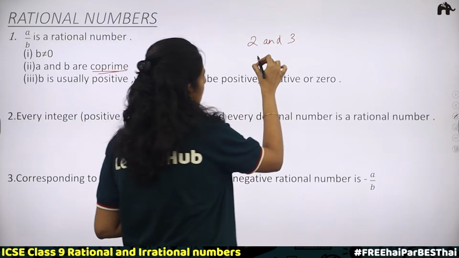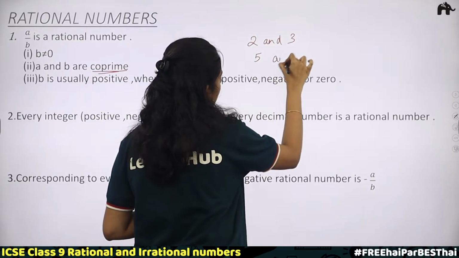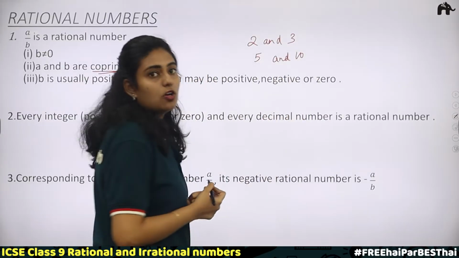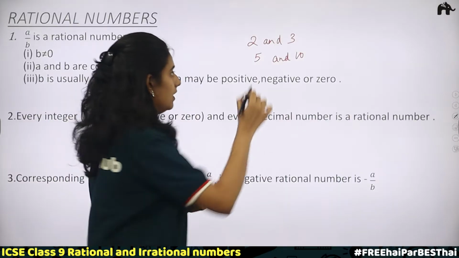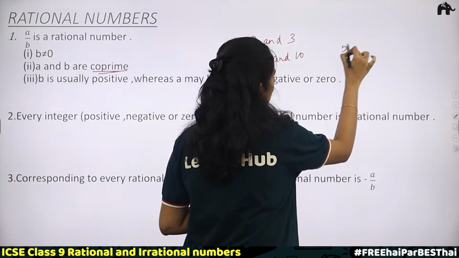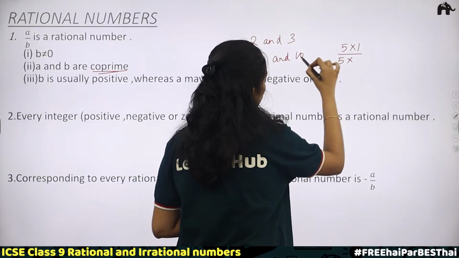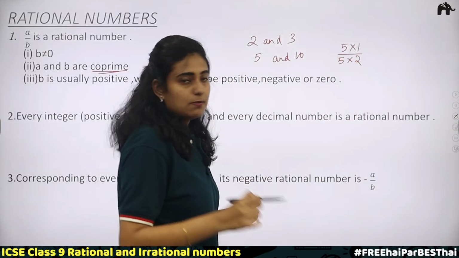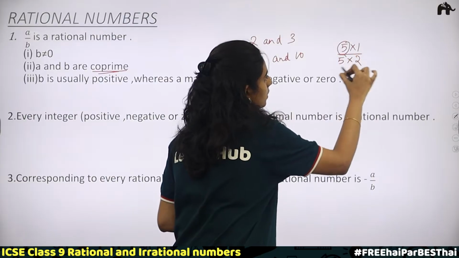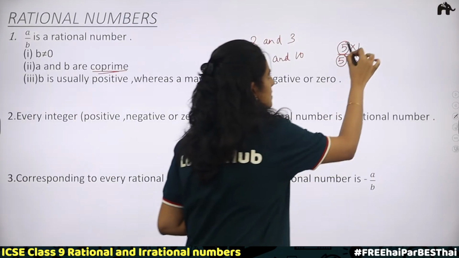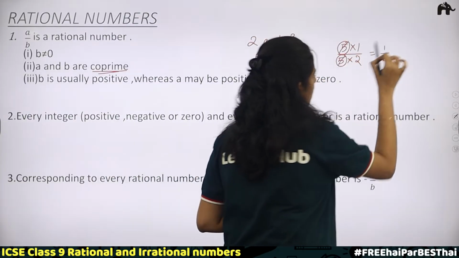For example, if you are taking 5 and 10. Is there any number common in both? Here 5 can be written as 5 into 1 and 10 is 5 into 2, which means 5 is common to both these numbers. You can cancel this 5 and its fraction becomes 1 by 2.